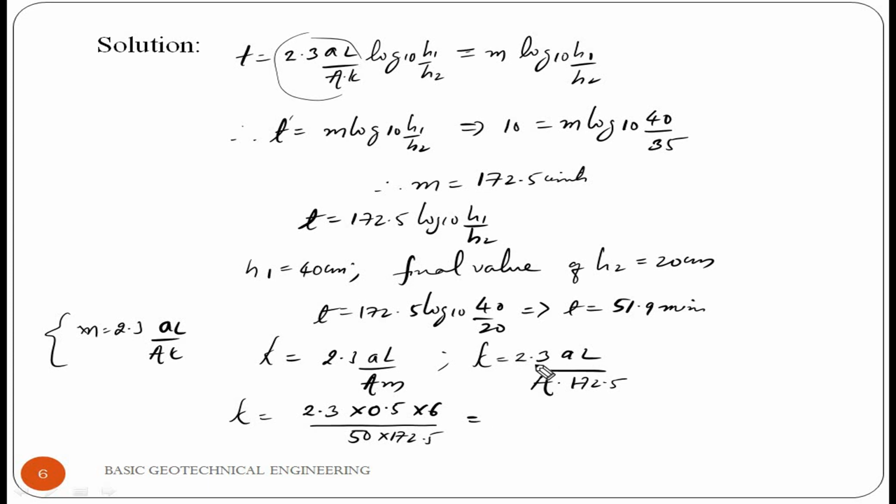So the value is coming around 1.335 into 10 to the power of minus 5 centimeter per second. That is K is equal to 1.335 into 10 to the power of minus 5 centimeter per second.